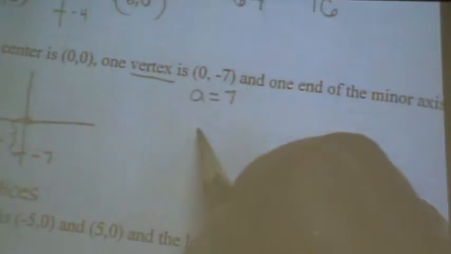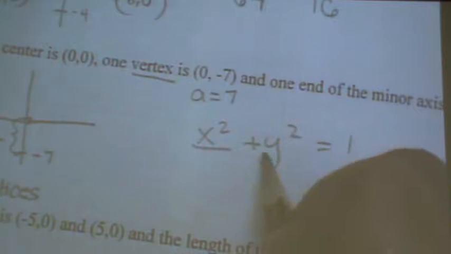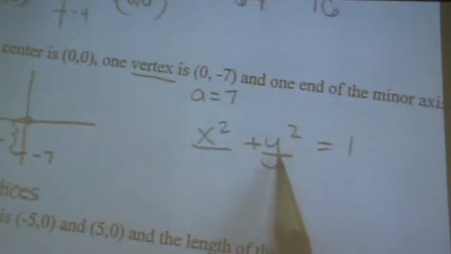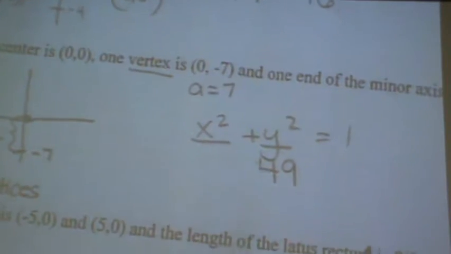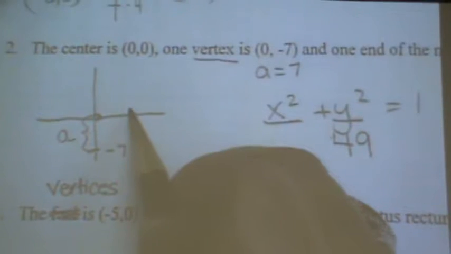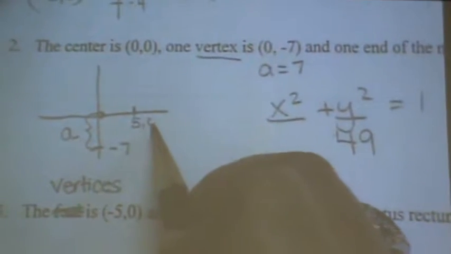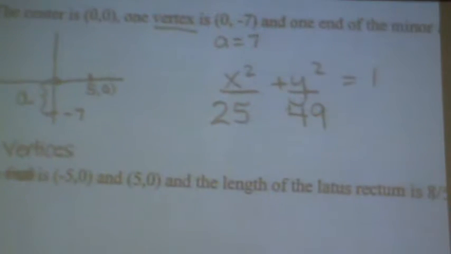So how are we going to start this? X squared equals 1. Underneath the y, you're going to put what? 49. And it says one end of the minor axis is 5, 0. So underneath x squared, you're going to put 25, because 5 squared is 25.